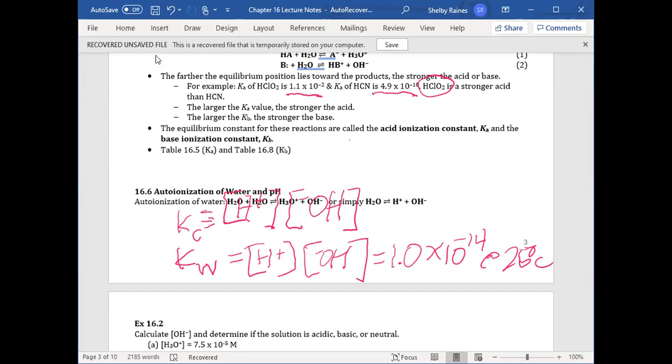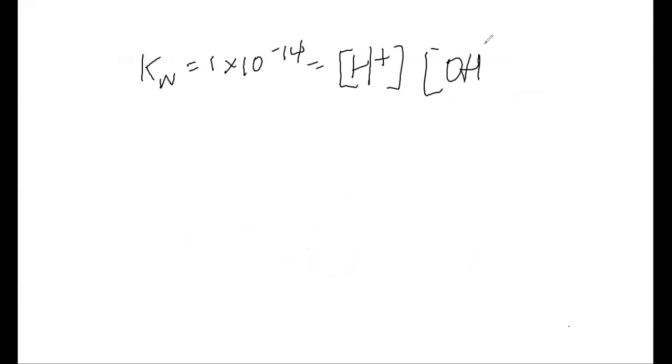So let me take you to the whiteboard and show you how this works. If Kw equals 1 times 10 to the negative 14th, and that's equal to the H plus concentration times the OH minus concentration. For a neutral solution, your hydrogen ion concentration and your hydroxide ion concentration are equal.